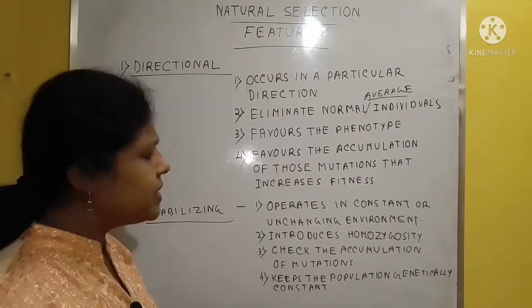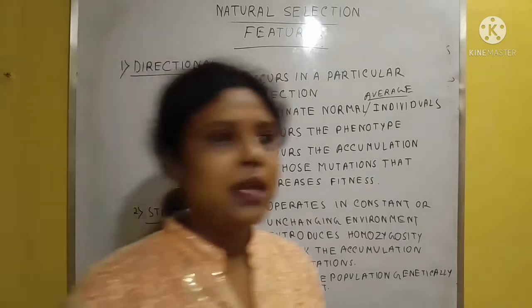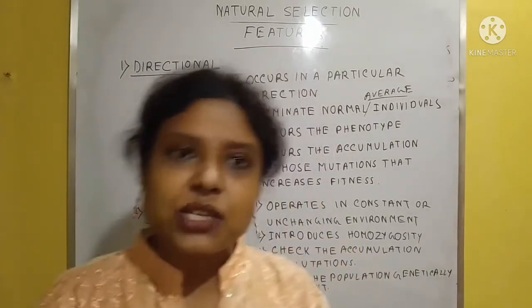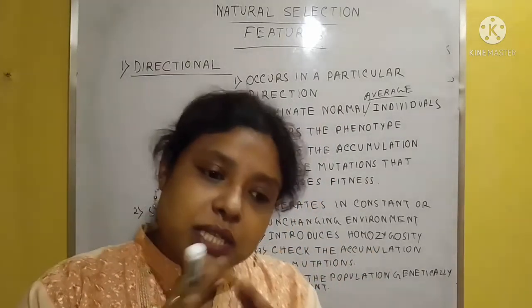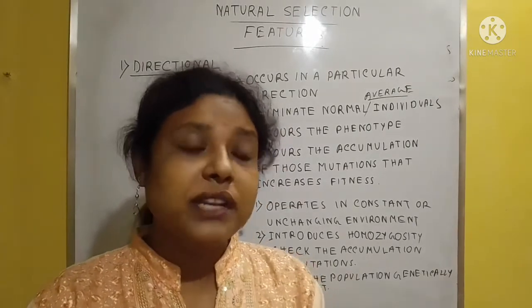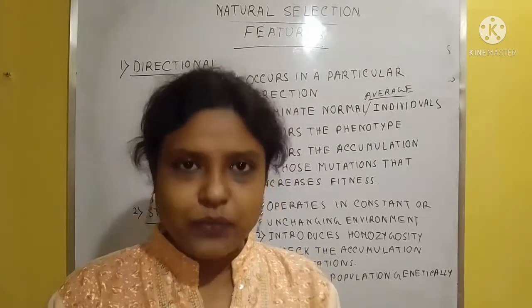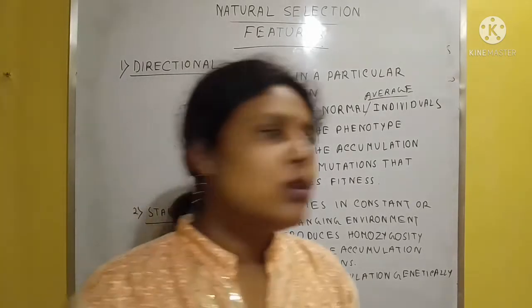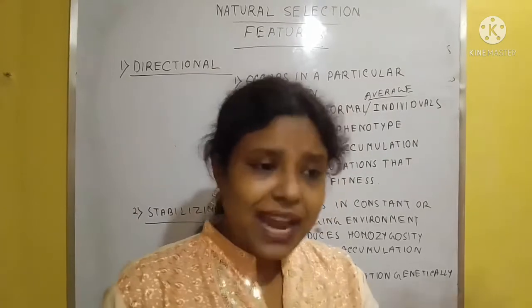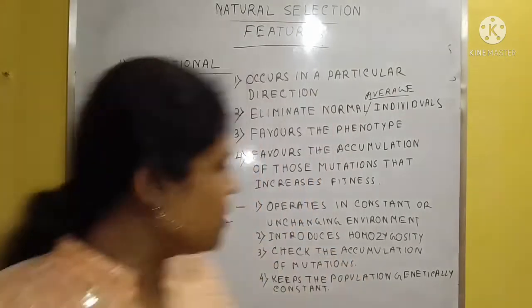The third one is check the accumulation of the mutation, because this is the reason we cannot see variation: they generally do not allow new mutations or new genetic features to be produced within themselves. Okay, so this is the homozygosity.